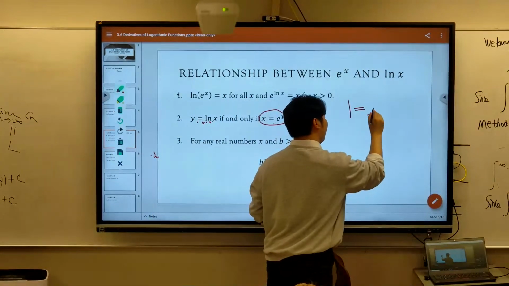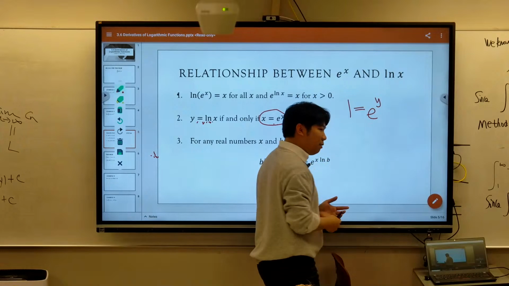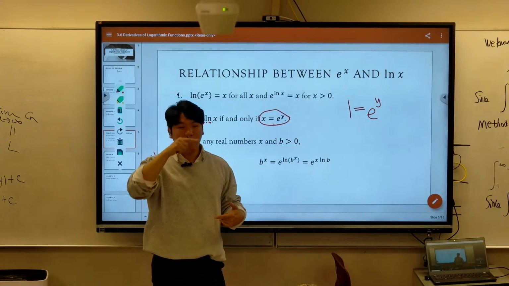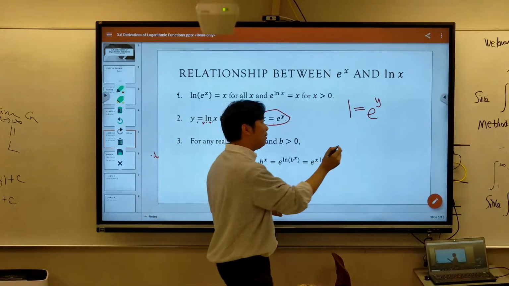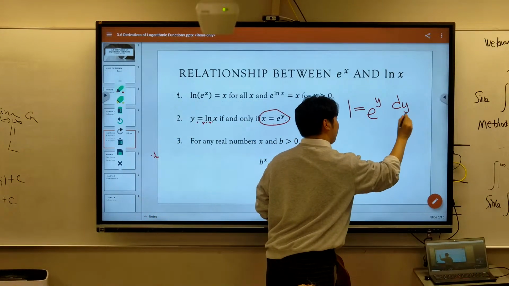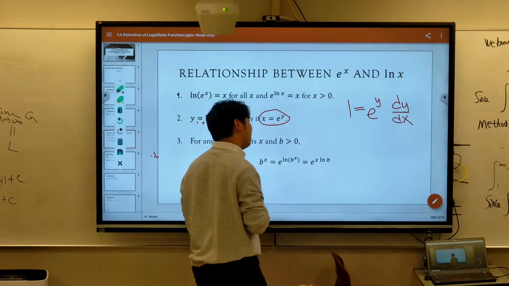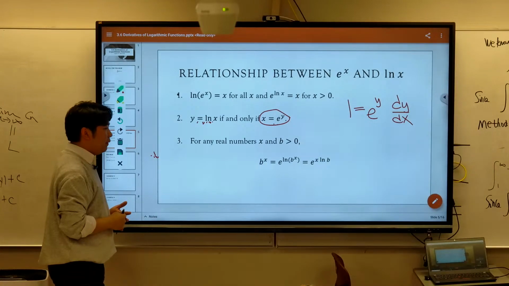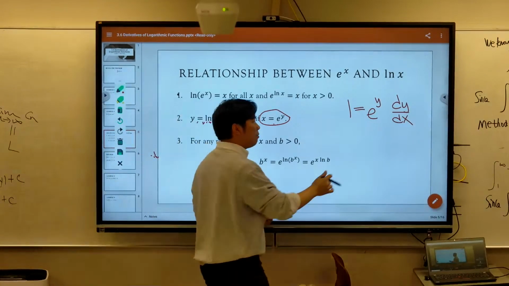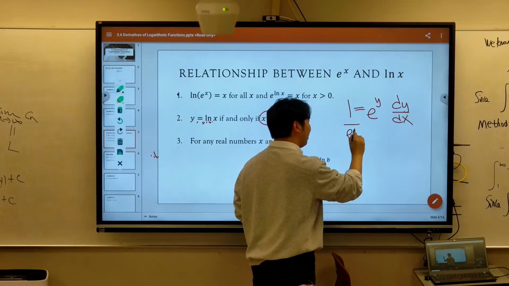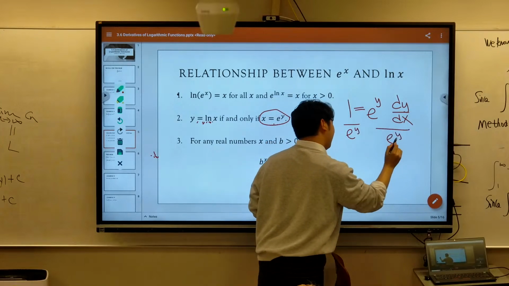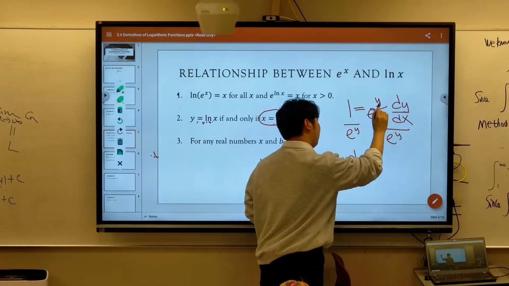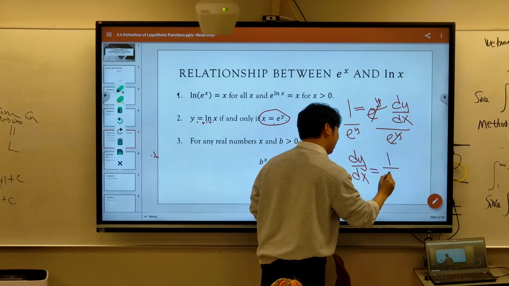Yeah, we have e to the y. And because it's not a plain e to the x, we're doing a derivative of y, we had to put that dy dx deal next to it. So times dy dx. Okay, so let's see if I get my derivative alone. What I can do is divide by e to the y on the left and the right, giving me dy dx is 1 over e to the y.